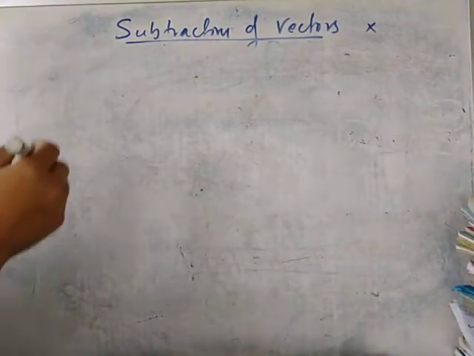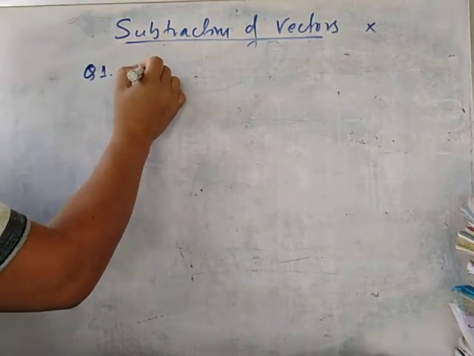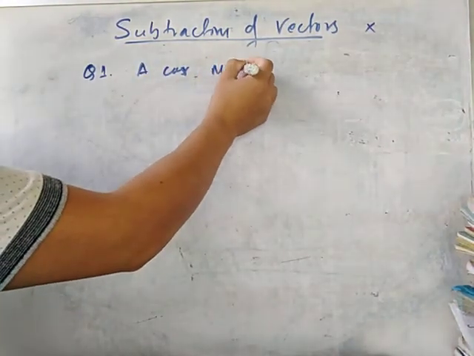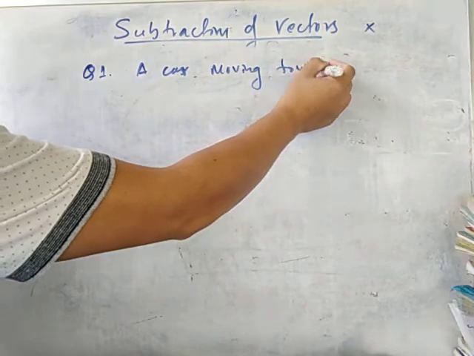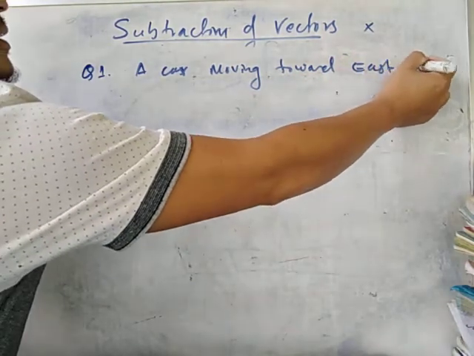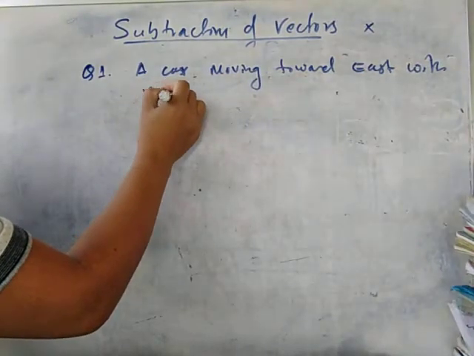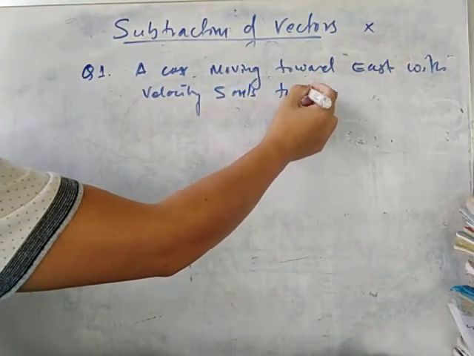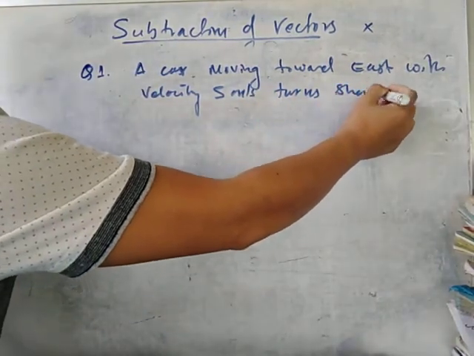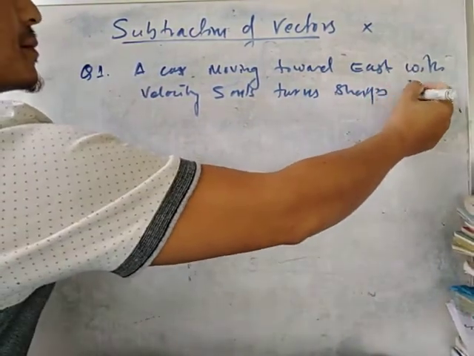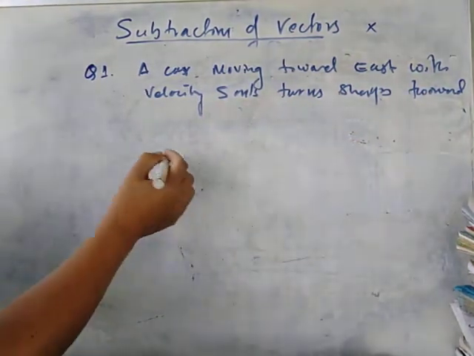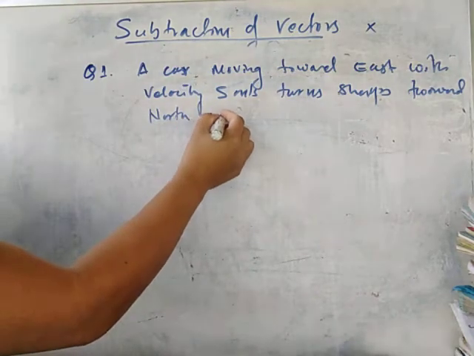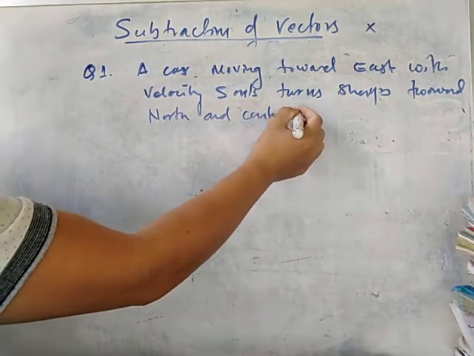Question number 1: A car moving towards east with velocity 5 meter per second turns sharply towards north and continues at the same speed.